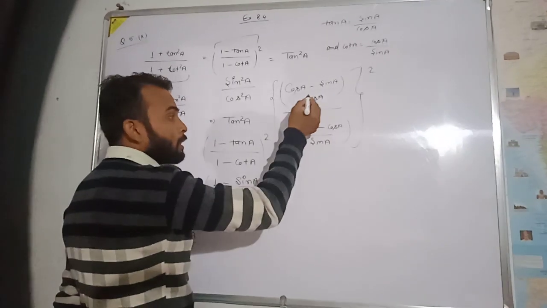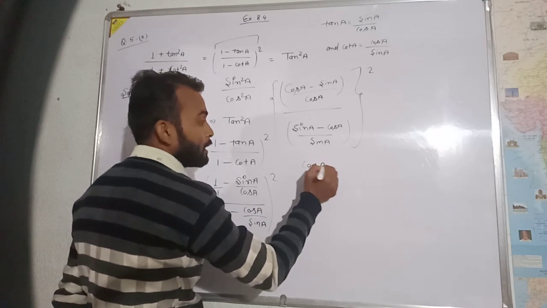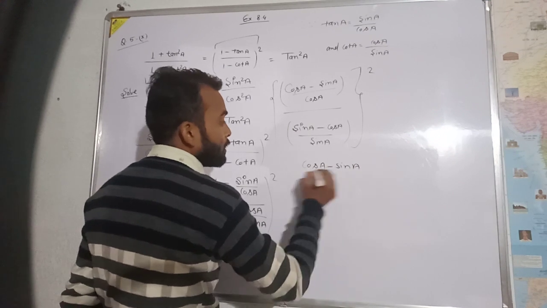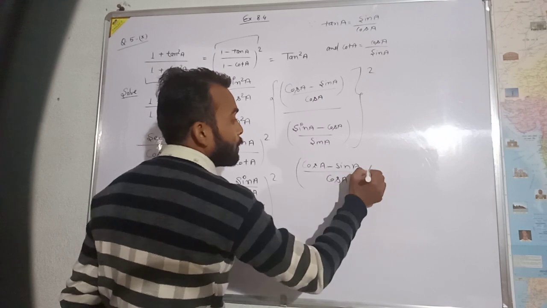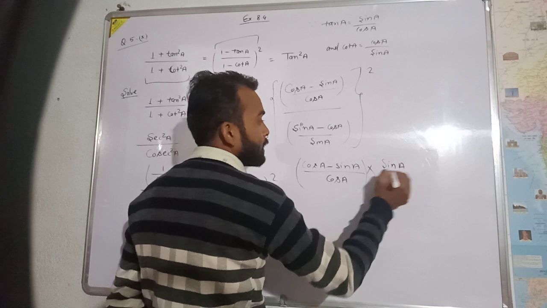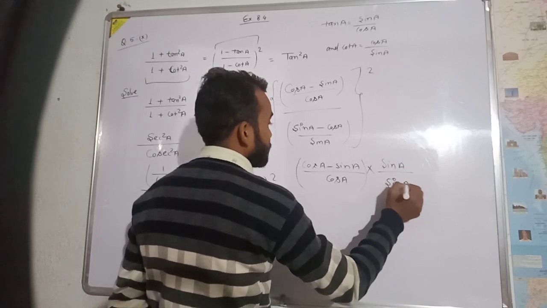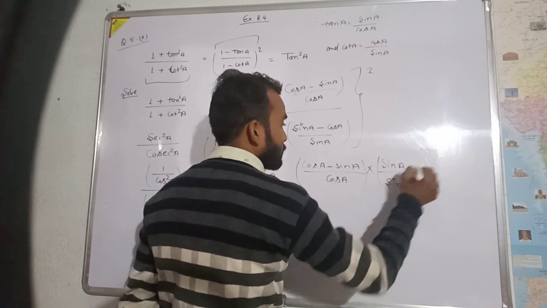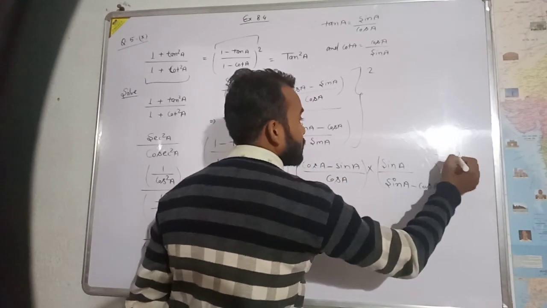Again, this will be reciprocal and becomes cos A minus sin A upon cos A multiply sin A upon sin A minus cos A. This is whole square.